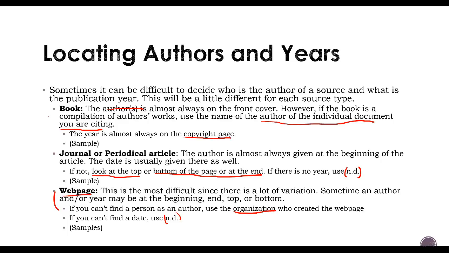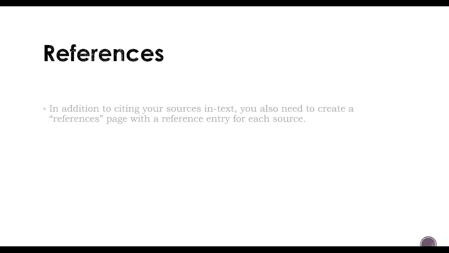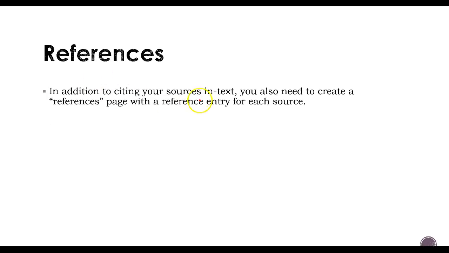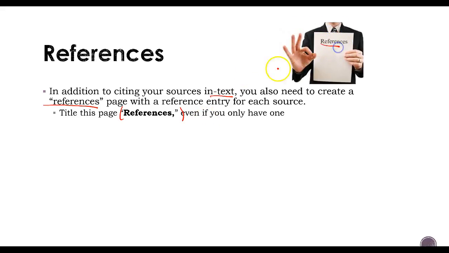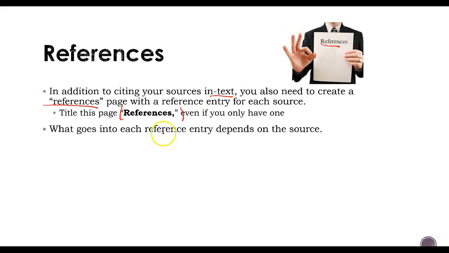But let's flip now to the next important aspect of citations, which is references. So in addition to citing your sources in text, you also need to create a references page, right? And title this page References, even if you only have one. So put your references up at the top, just like this. So what goes into each reference entry depends on the type of source that you're using.